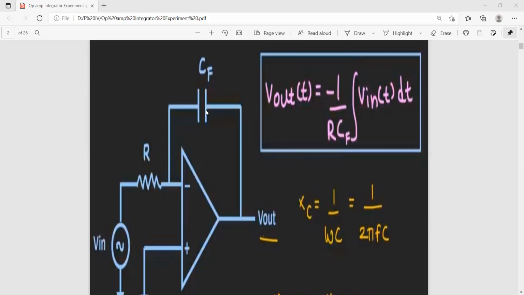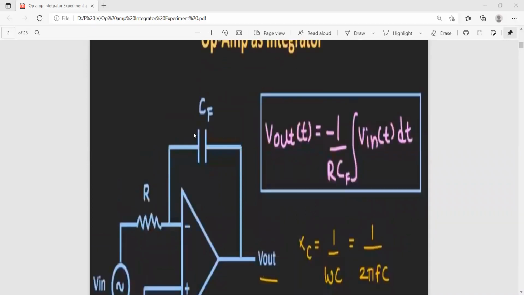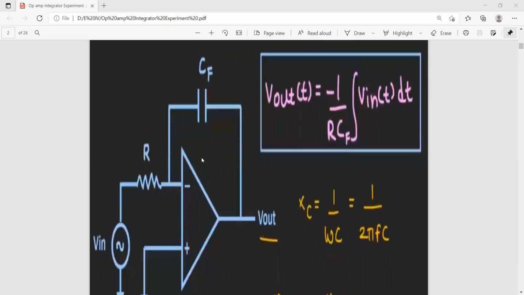But with that feedback resistance replaced with a capacitor, it acts as an integrator. So the output, which is taken from terminal 6, is equal to the integration of the input function, Vin(t).